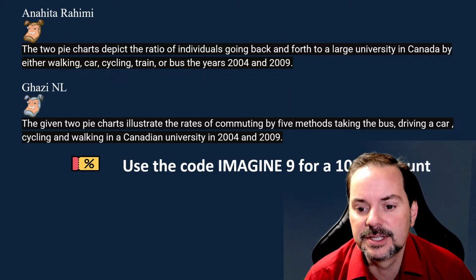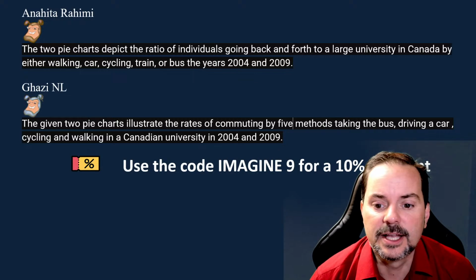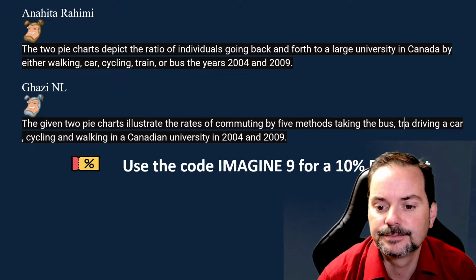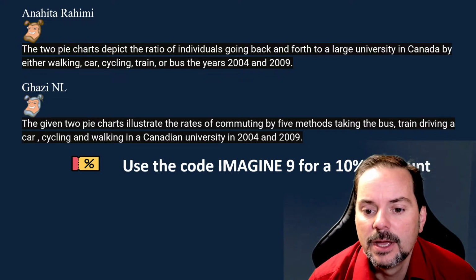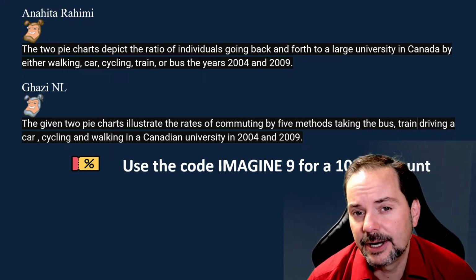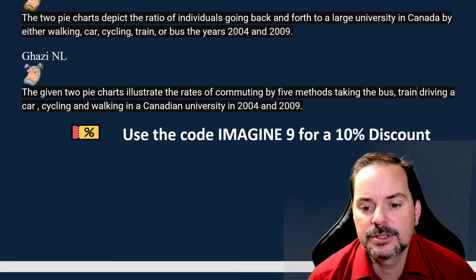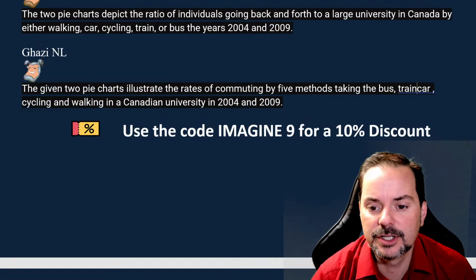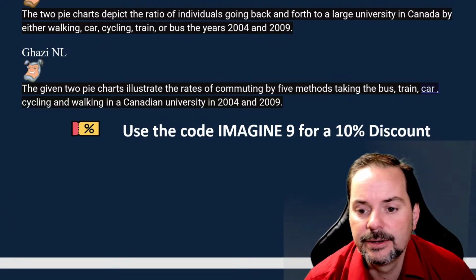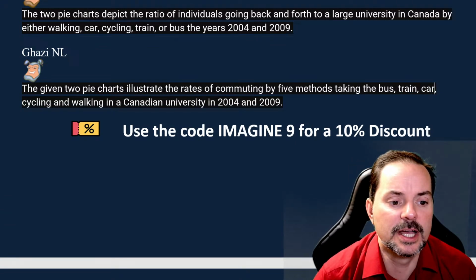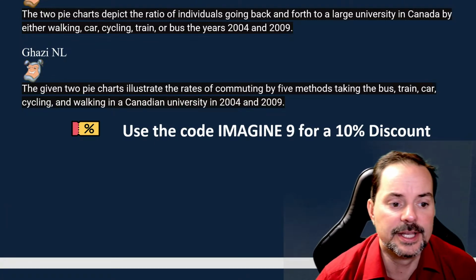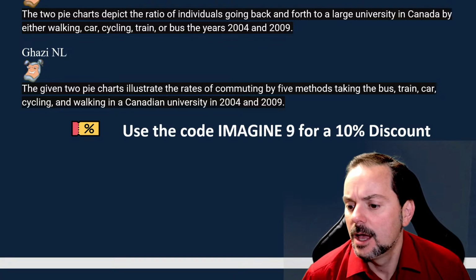By 5 methods: bus, driving a car, cycling and walking, and the train, right? Okay. Now, you should have parallel grammar as well, Ghazi. So bus, train, car. Okay, let's not change to a verb there. Bus, train, car, cycling, and walking. Okay, now it's accurate. Okay.